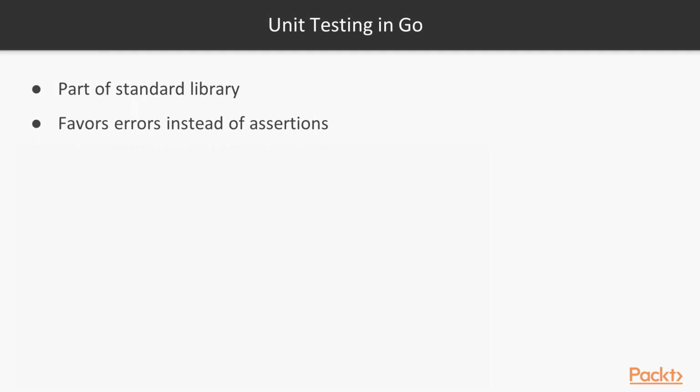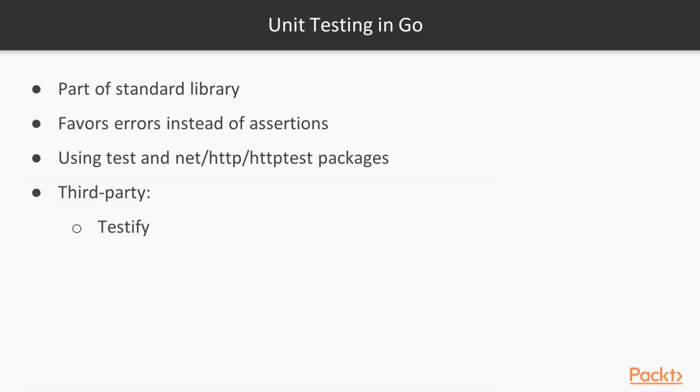As part of the standard library, there is the testing package for general purpose, as well as httptest, which is mostly used to test connections to the server or HTTP requests. Besides the standard library, we are also going to have a look at Testify, which is a third-party package but has some really great features, and it uses assertions, and besides that it has common mock functionalities as well.